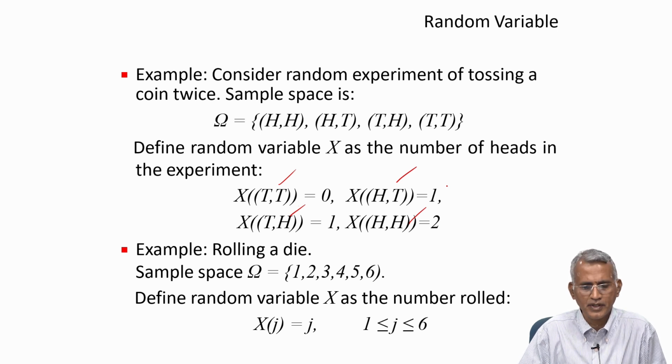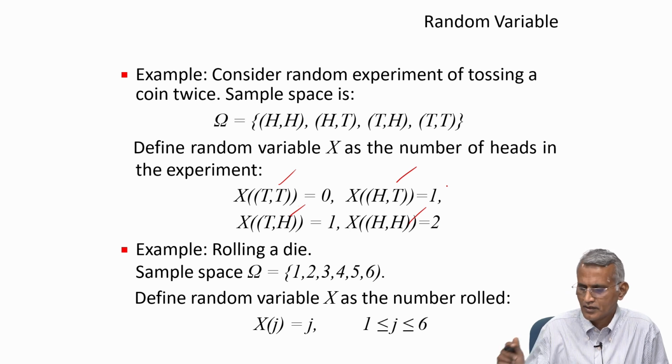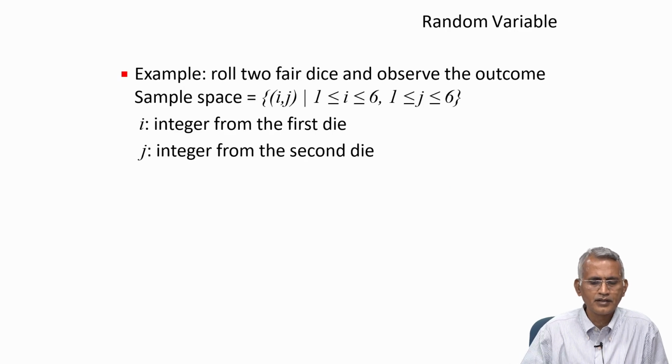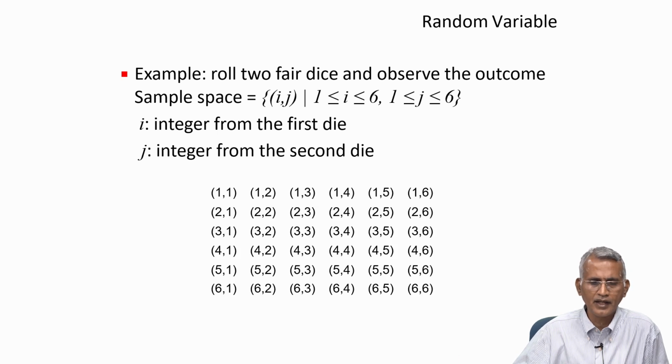Next, rolling a die. Take the sample space 1 to 6, and the number rolled, X of i equals i, where 1 is less than or equal to j less than or equal to 6. Now the experiment is rolling two fair dice and observing the outcomes of the sample space (i, j), where i varies from 1 to 6 and j varies from 1 to 6. Here i is the integer from the first die and j is the integer from the second die.